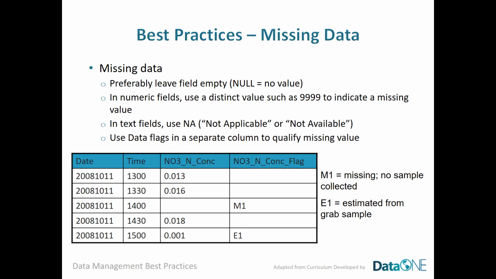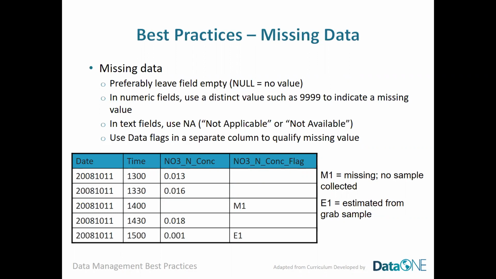If you need to explain something in addition to the data, you can use a data flag in a separate column to qualify an empty cell. For instance, in this example of stream chemistry data, you have a flag M1, which indicates that the sample was not collected at that time interval.